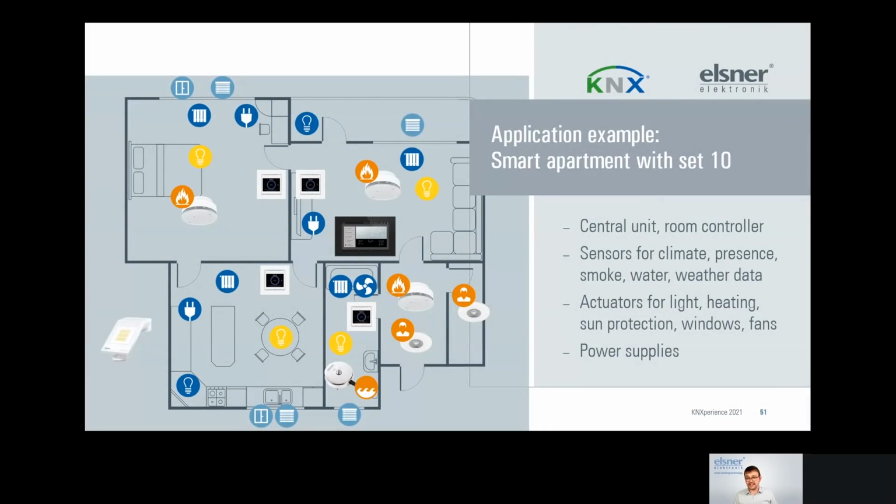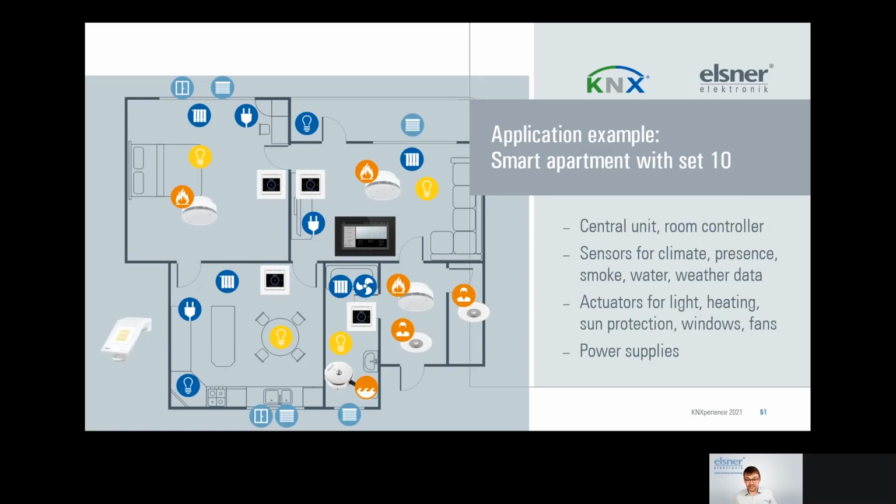In the following, we're going to take a look at what an application example with the CasaConnect set can look like. Our sets are available in two versions. There is the set 10 and the set 20. On the one hand, there is the CasaConnect as the control center. The individual room sensors for climate, presence, smoke, water, and weather data are also included in the sets.